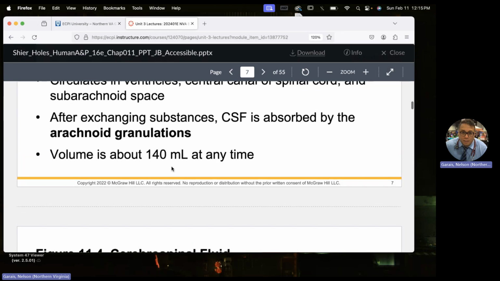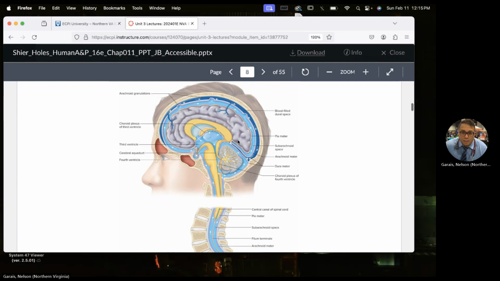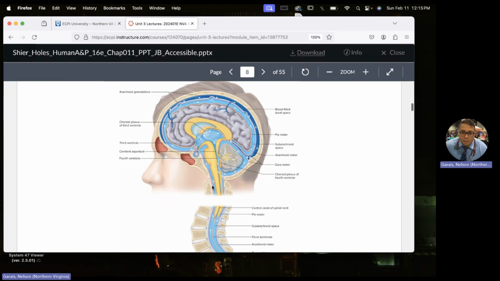And you'll see the volume at any given time is steady. Remember our definition of hydrostatic pressure, right? So too little cerebrospinal fluid, not a good thing. Too much, dangerous. You can see the corpus callosum here, cingulate gyrus, cerebellum, pons, medulla oblongata.